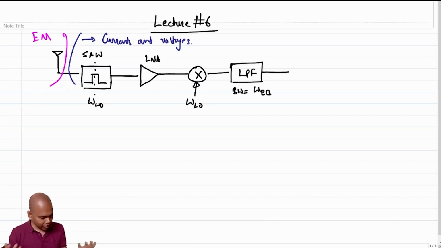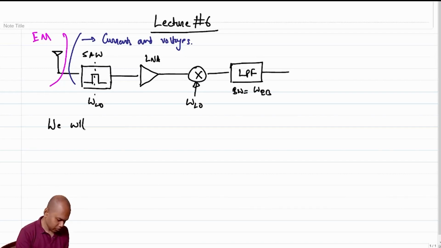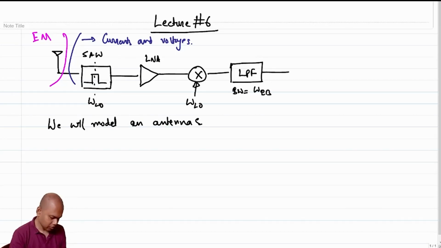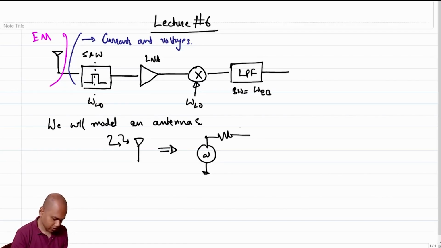And as it turns out, a very simple but surprisingly not so inaccurate model of an antenna is this: whenever you see an antenna in this course, an oversimplified version of it is nothing but a voltage source with a resistance R, right?